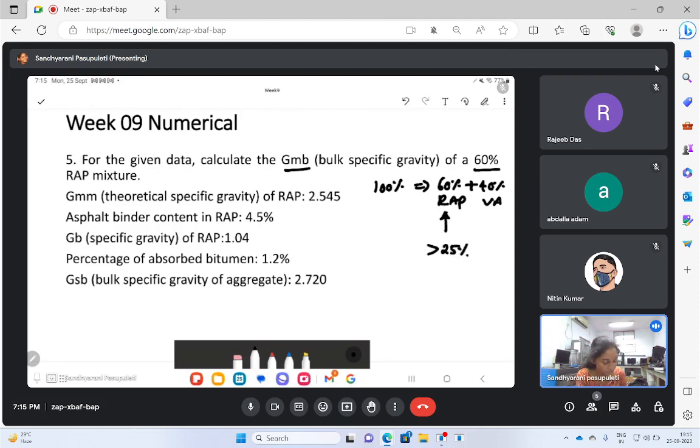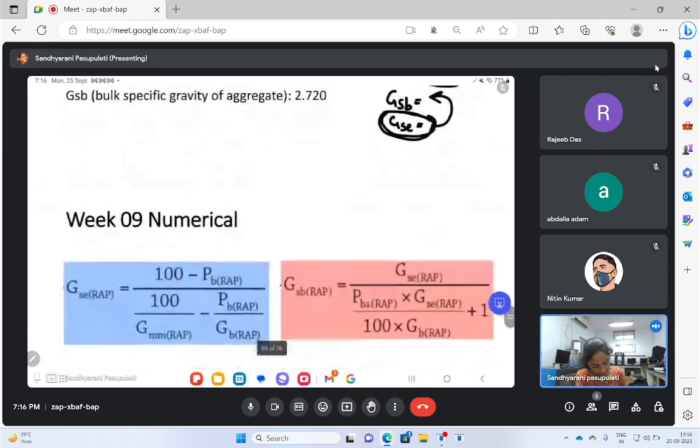If the RAP percentage is more than 25%, how do we calculate the GSB? First we have to calculate the GSE value, and using this GSE value, we have to calculate the GSB value. So how to calculate the GSE value? To calculate the GSE value, we need the GMM and also the percentage of binder and also the specific gravity of the binder.